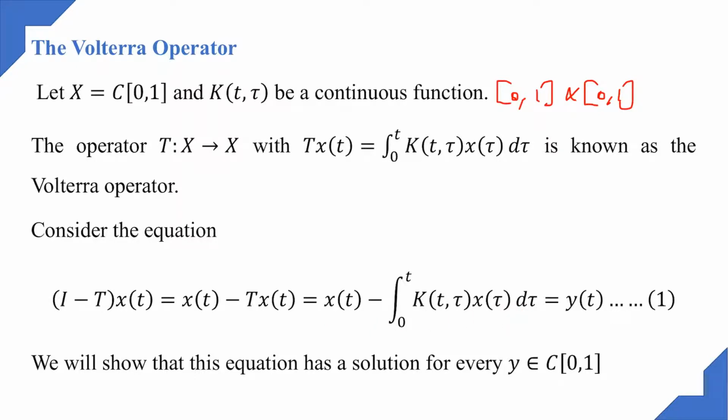So currently the equation we have is (I minus T) x(t) is equal to y(t). This is equation 1. We will prove that this equation has a solution for every y element of C[0,1].